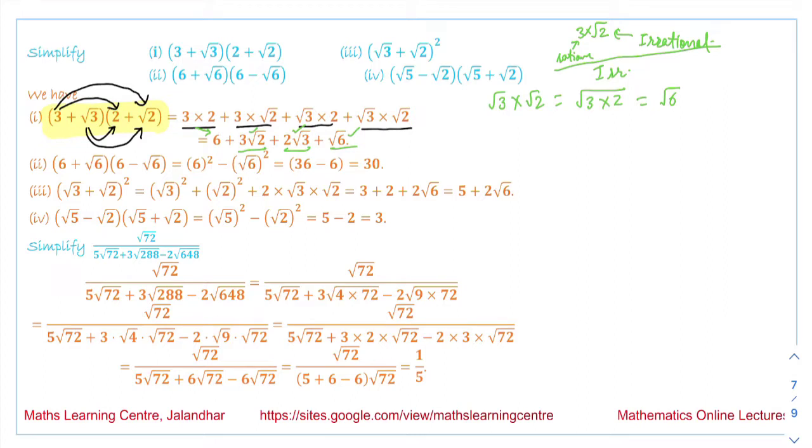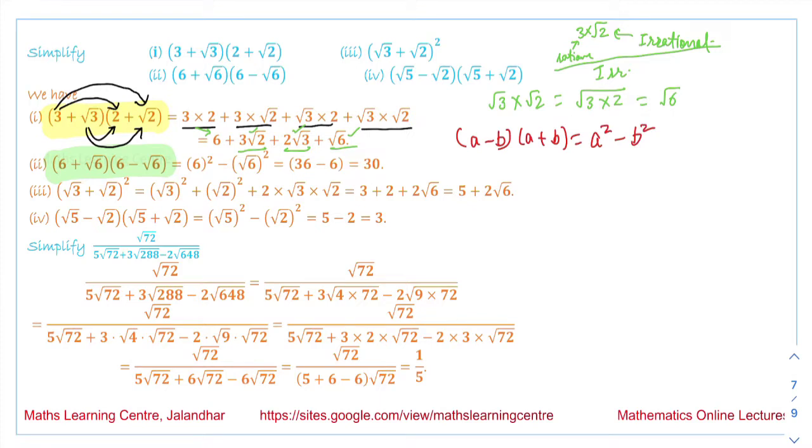Next, in the second question, we have to calculate the value of 6 plus square root 6 and 6 minus square root 6. What we are going to use is a minus b into a plus b. The formula is a square minus b square.